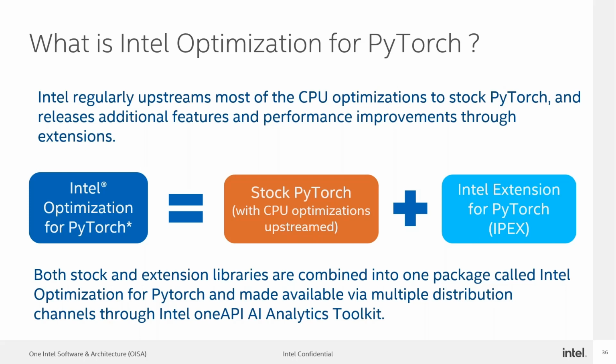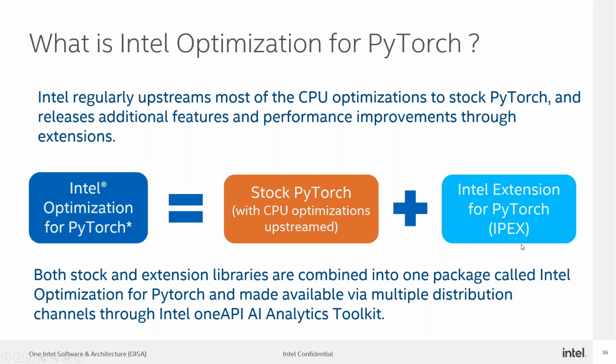But there are some specific or further optimizations which have not been merged into stock PyTorch. So we provide those kinds of optimizations in Intel extension for PyTorch, which is called IPEX. Basically speaking, Intel optimization for PyTorch equals stock PyTorch, which includes upstream CPU optimizations, plus Intel extension for PyTorch, IPEX.